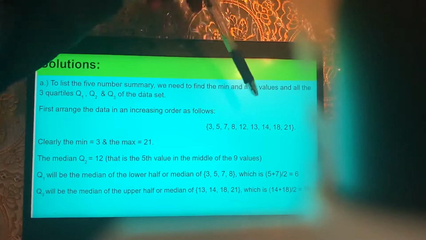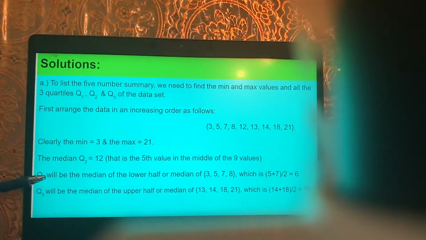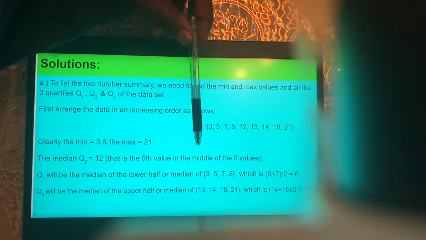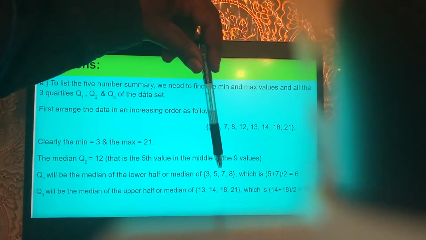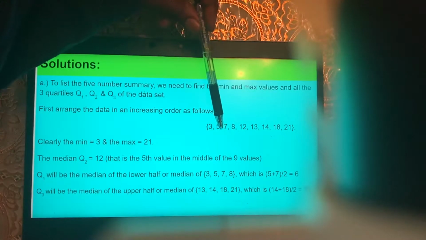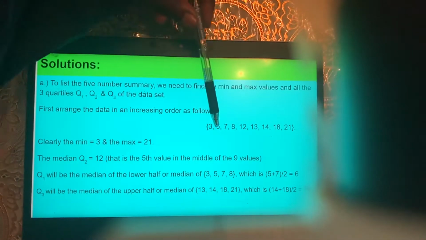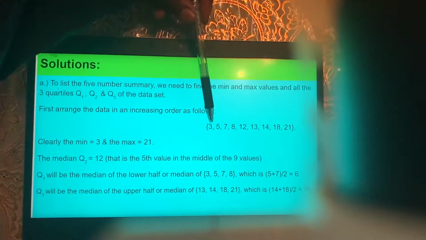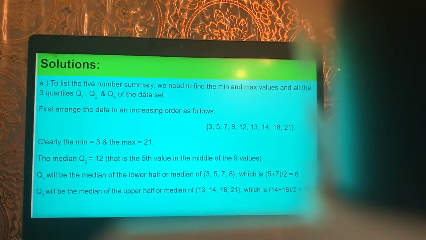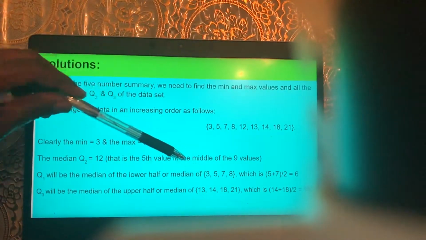Now if I want to find Q1, I need to find the median of the lower half: 3, 5, 7, 8. The median is (5 plus 7) over 2, which is 6. Really, 25% of the data are below 6 here, and 50% of the data are below 12. This Q1 is 6.